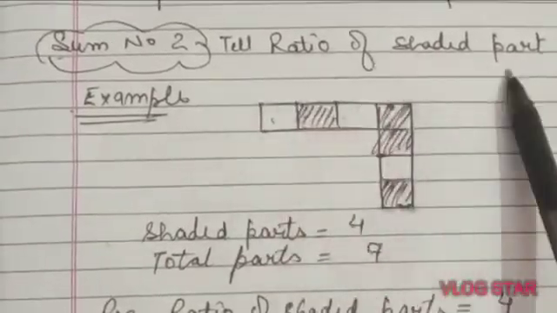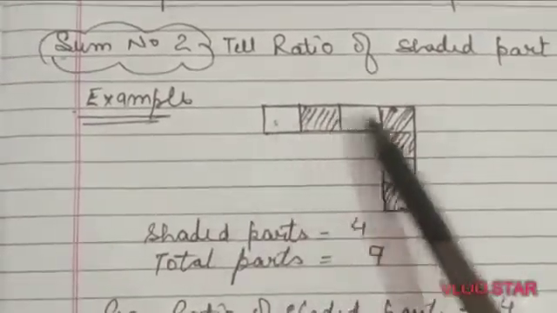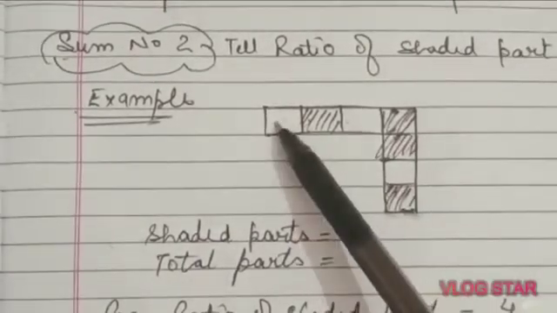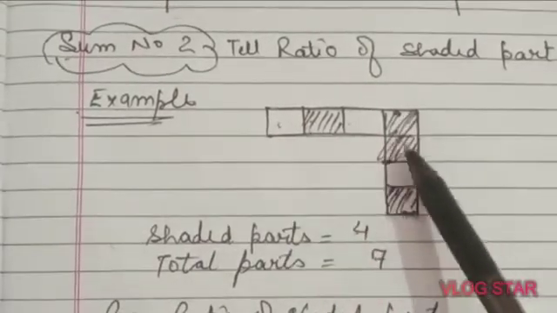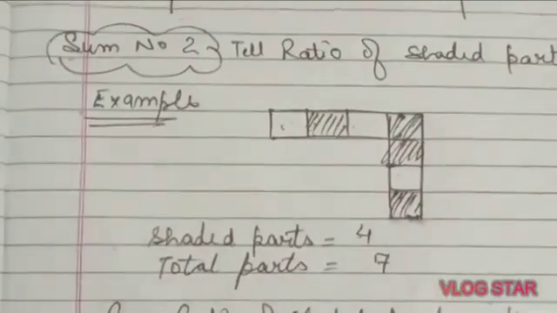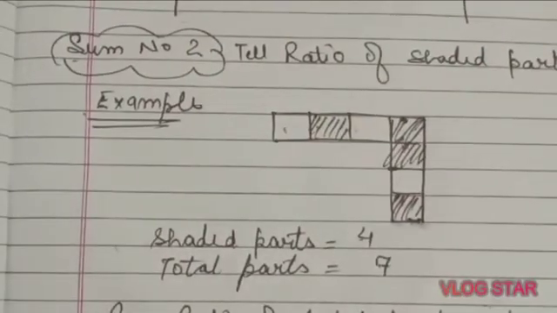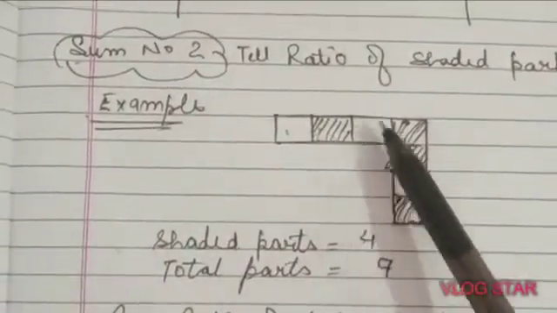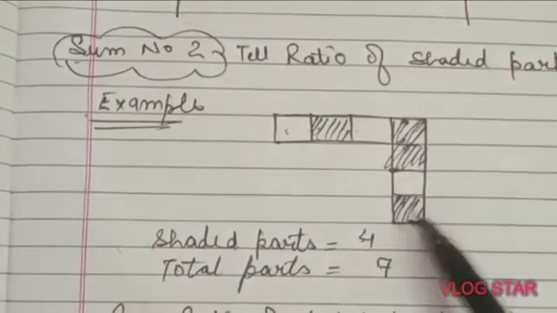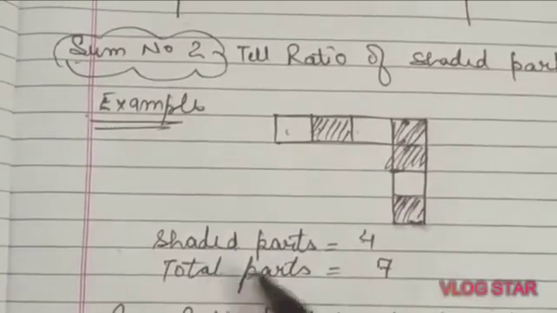Tell the ratio of the shaded part. For example, this is a figure in which 7 boxes are given to you, and out of these only 4 boxes are shaded. So shaded parts are 4, total parts are 7.